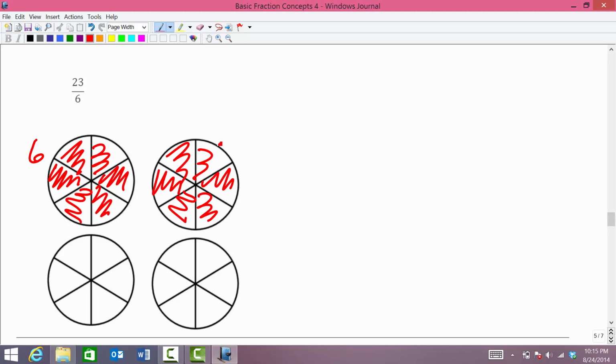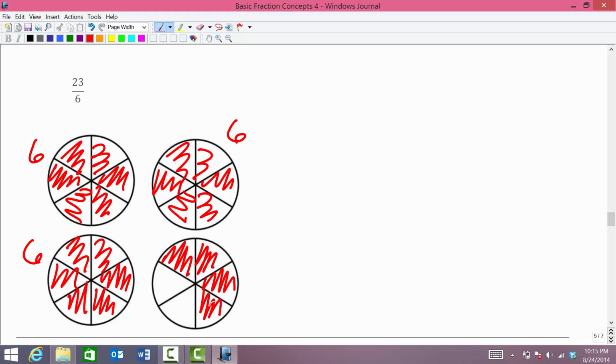So here's 6, here's 6 more, we need 23, so far we have 12, we need another 6, so far we have 18 shaded, 19, 20, 21, 22, and 23. So how many whole circles have I shaded? We've shaded 3 whole circles.